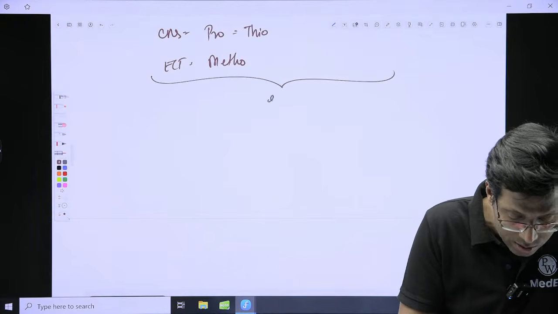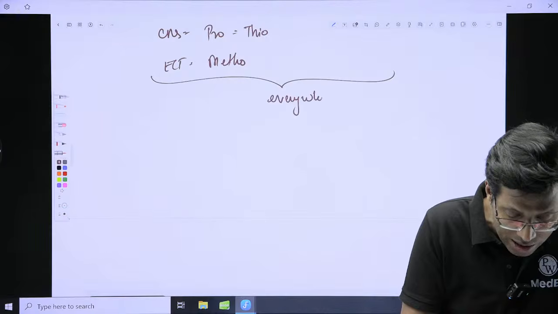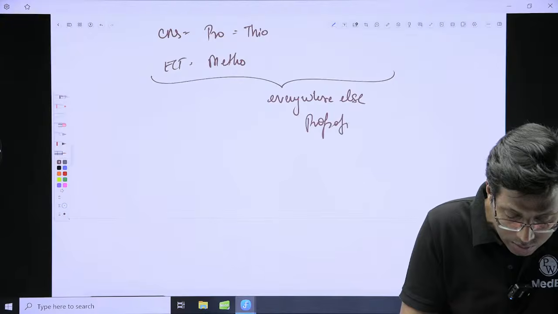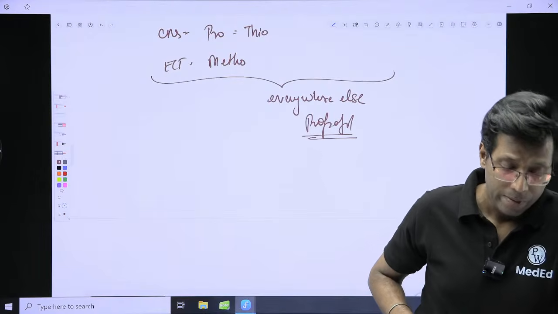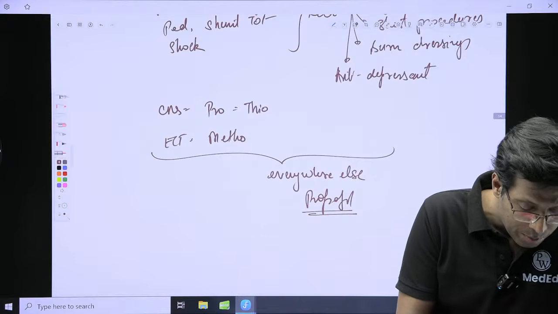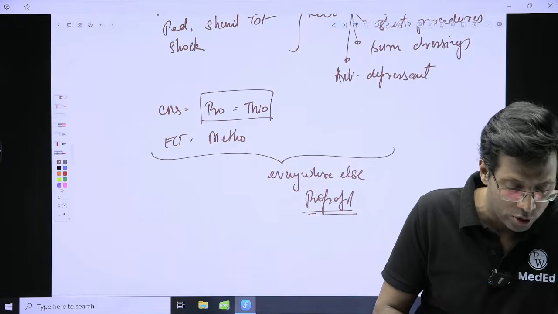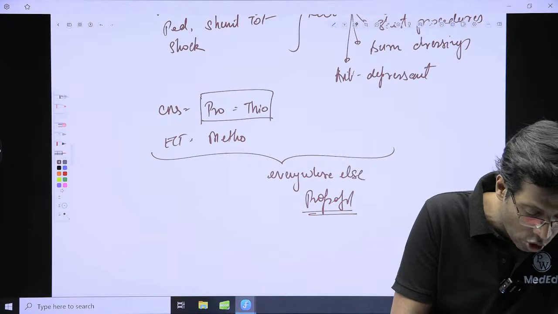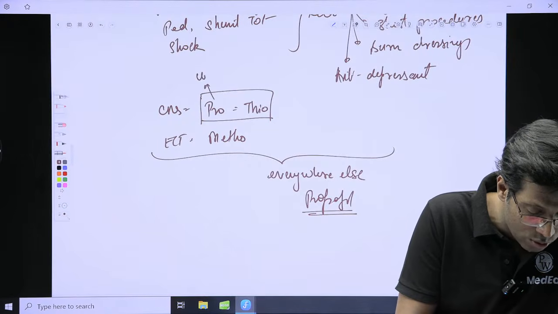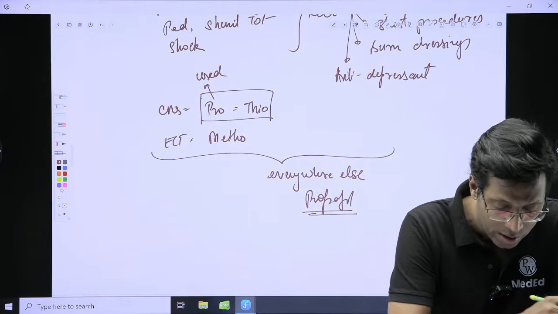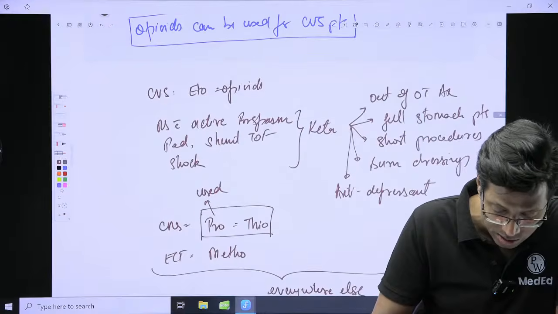Clear? So, in CNS, propofol and thiopentone both have equal properties. Some books definitely say thiopentone is better, but propofol being a newer agent is normally used nowadays. Apart from that, everywhere else the answer is propofol.